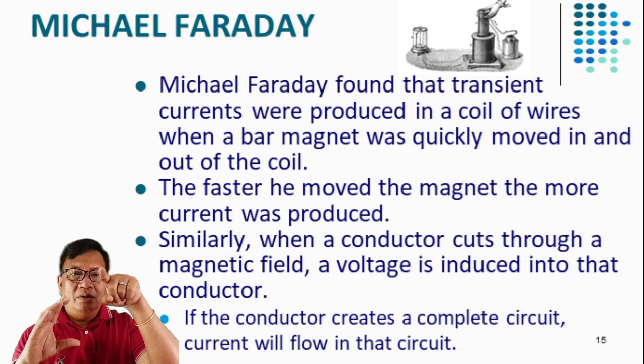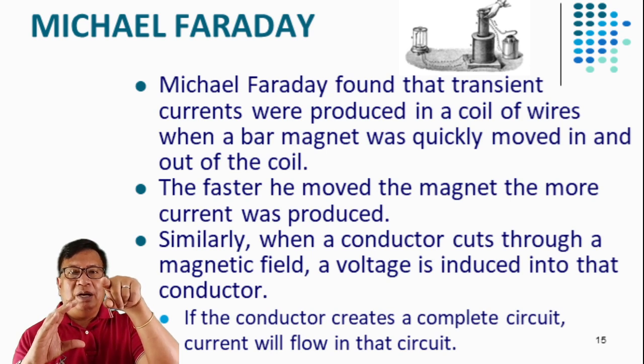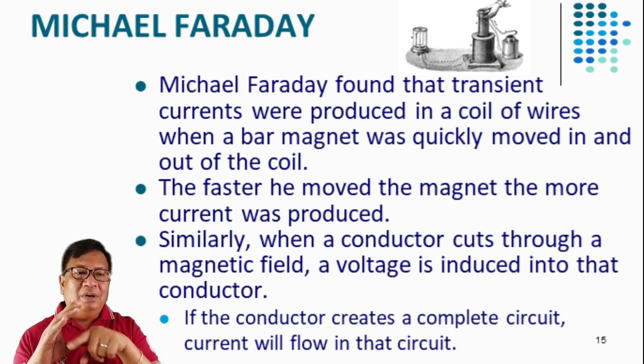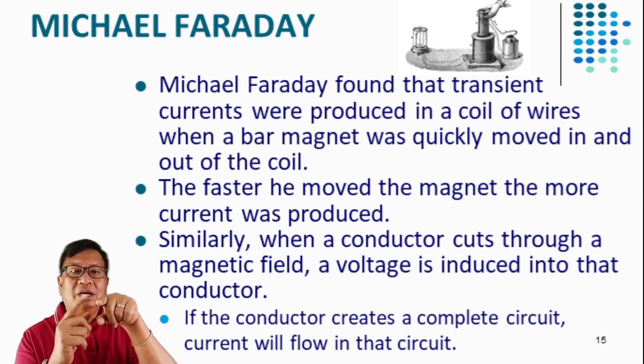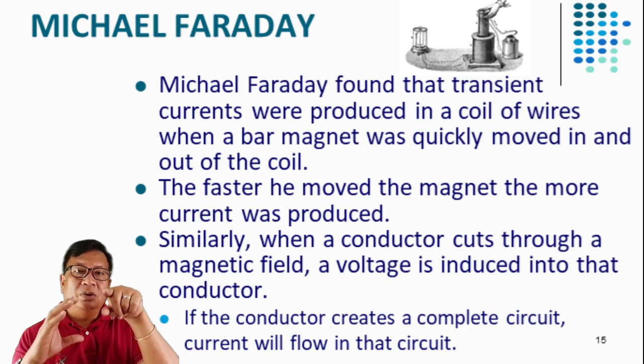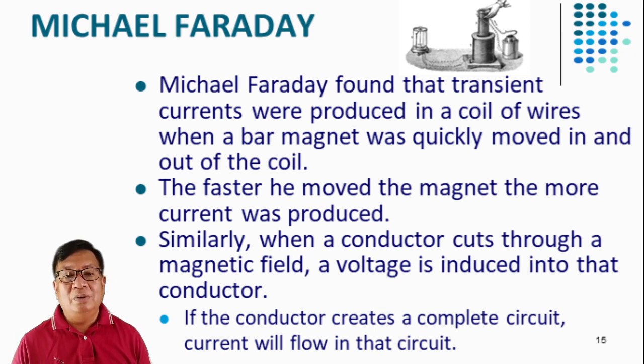So, pag i-move natin itong conductor dito i-expose natin sa magnetic field, parang rubber band, mapuputol daw yung mga magnetic field dito or mga fluxes. Mapuputol. Kasi po, mayroong napuputol dito na mga magnetic field, mayroon daw ma-induce na voltahe dito sa conductor na nagputol ng mga magnetic field. Okay, so I hope that ma-imagine po ninyo. So, ito po yung observation ni Michael Faraday.